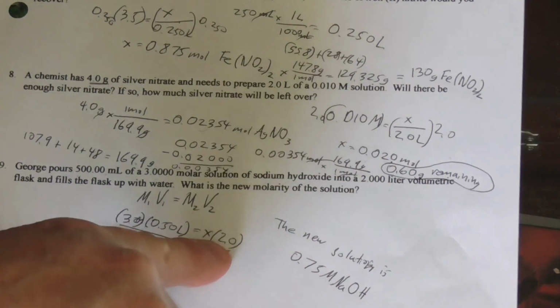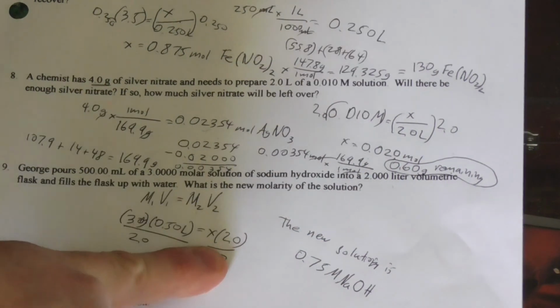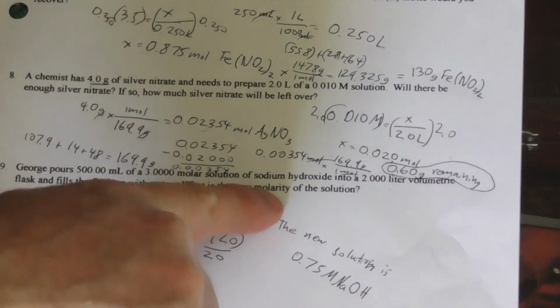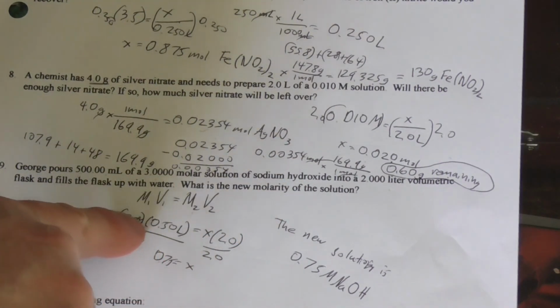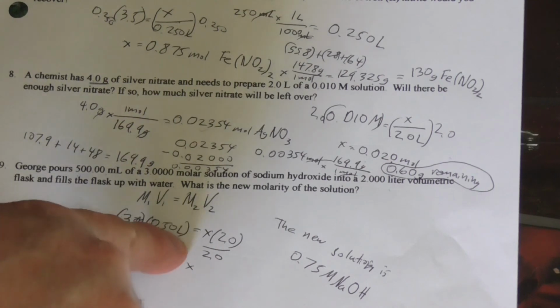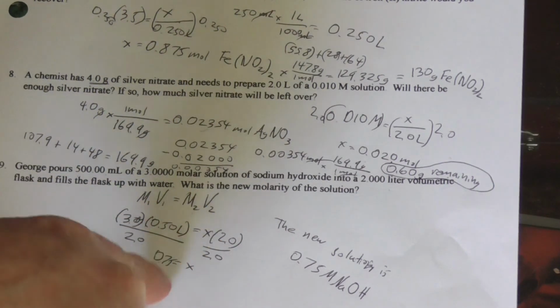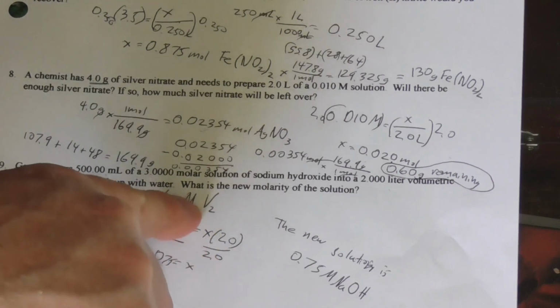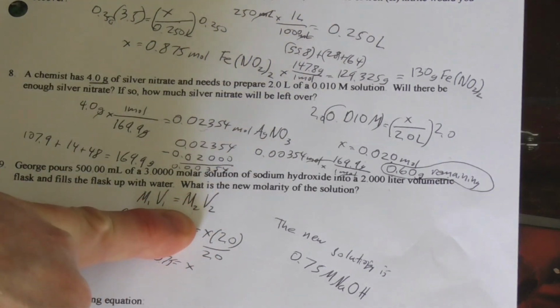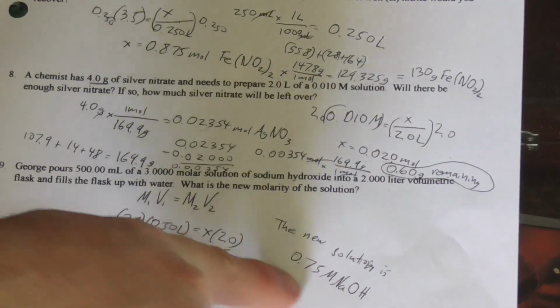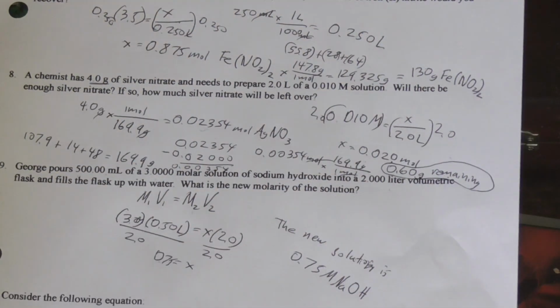My new volume, V2, is 2. I had to solve for X, which is the new molarity. So all I did was I had 3 times 0.5 is 1.5. 1.5 divided by 2 is 0.75. That 0.75 value is X, which is my second molarity. The new solution's molarity is 0.75 molar.